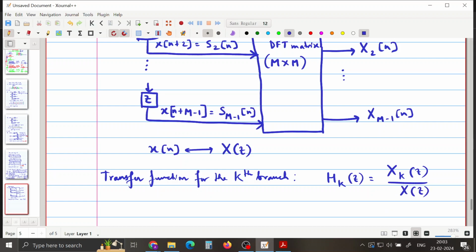This is given. Then we need to check the relation between Hk of z and how it is related to H0 of z.